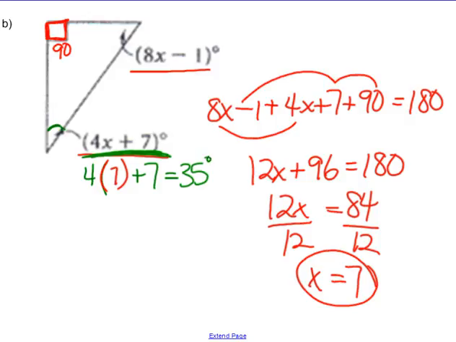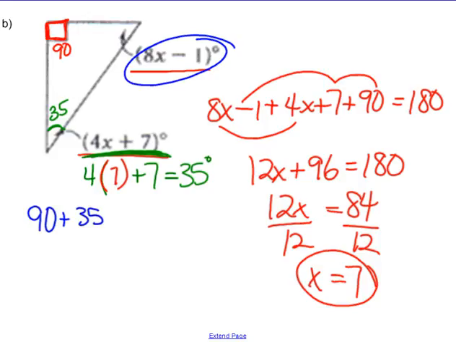So this angle right here is 35. We don't have to necessarily plug it in here. We can say 90 plus 35 plus y equals 180. So I end up with 55 right up here.